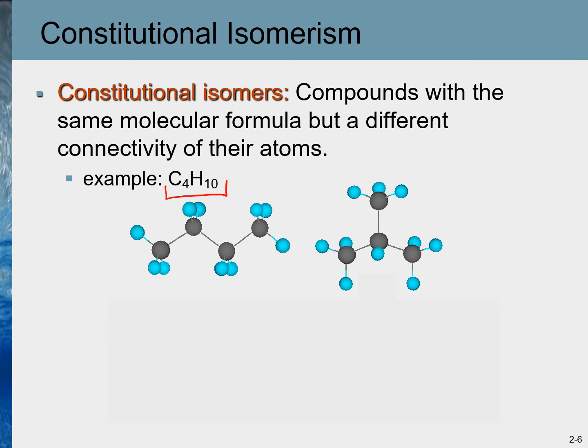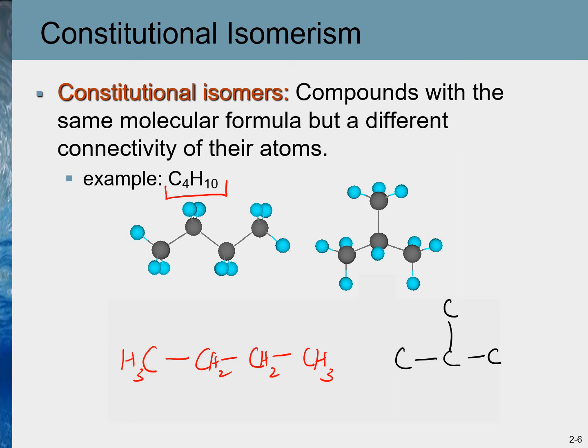In the first possibility, we may have all 4 carbons in a linear straight chain, and then hydrogens are connected to complete the octet of the molecule. Now the second possibility is that we may have 3 carbons as a linear chain and the fourth one connected to the middle carbon.